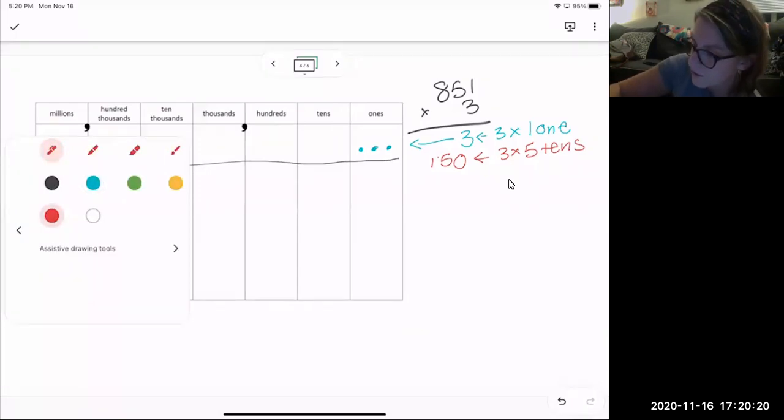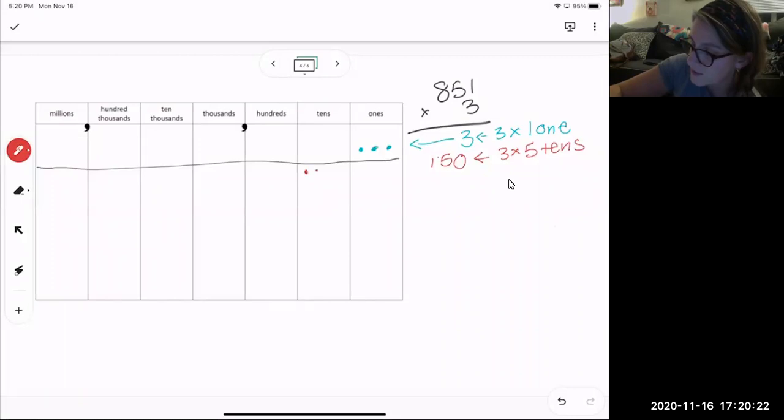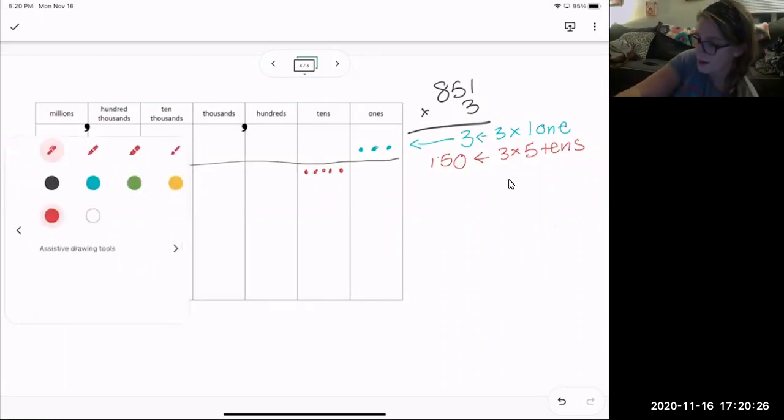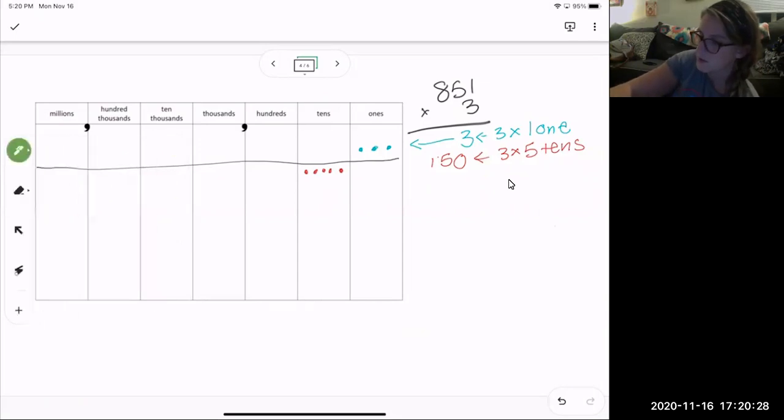Okay, so I'm going to draw 5 in our tens place and 1 in our hundreds place. That represents 15 tens, right? If we had 15 in our tens place, we could easily regroup 10 and move it to the hundreds place.